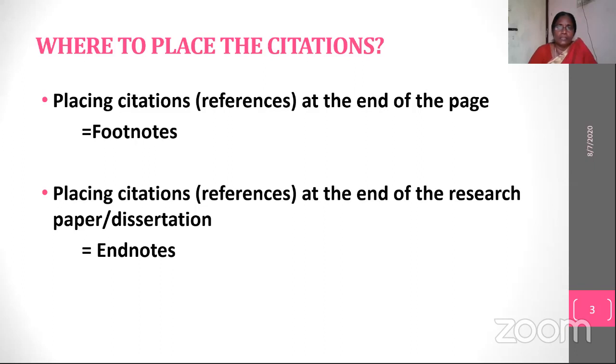The name of the article, the name of the author, volume, year of publication, page number, etc., taken from the particular journal must be placed either at the end of the page or at the end of the paper or dissertation.